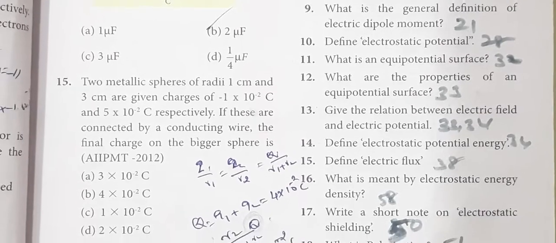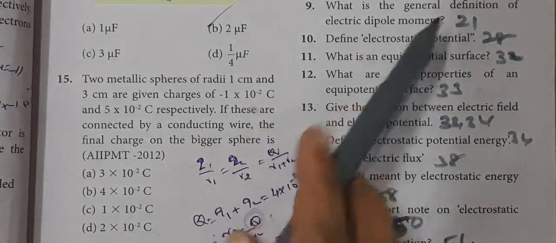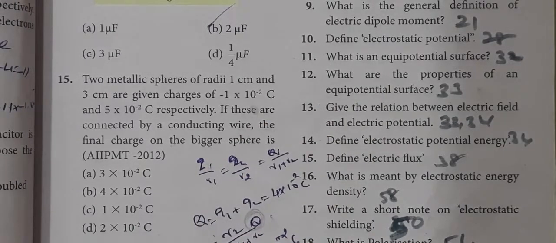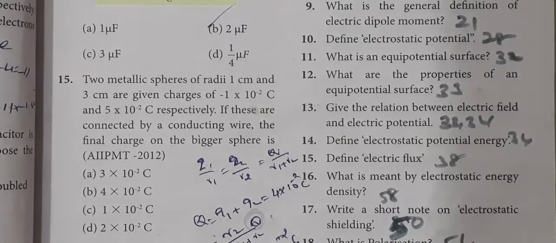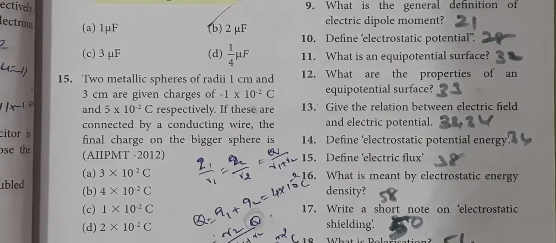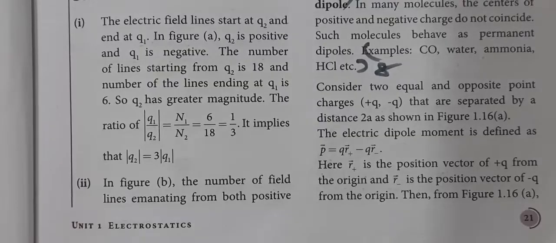The next question is, what is the general definition of electric dipole moment? This answer is actually not directly given in your book. It is in page number 21.